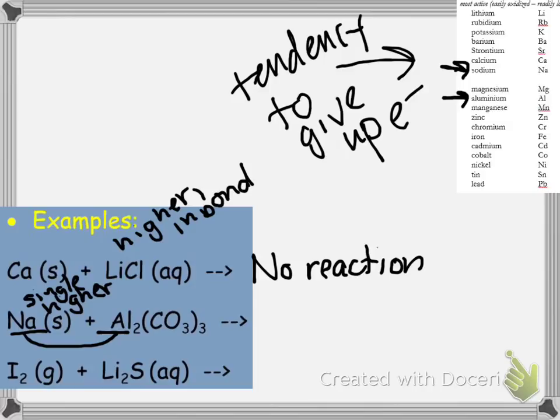So sodium will bond with a -2 carbonate as Na2CO3. That then leaves the aluminum to be the element by itself. So to balance, it looks like we need 3 of these to get my carbonate. That means I'm going to need 6 of my sodiums, and I have 2 Als from over here.